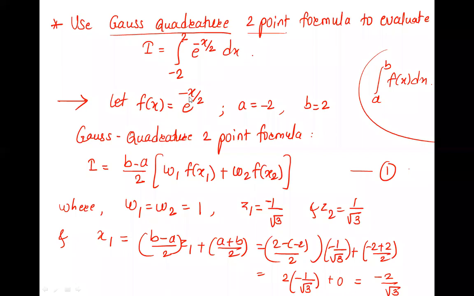E raised to, shift ln, bracket, minus alpha, bracket close, x by 2, bracket complete, and calculate.